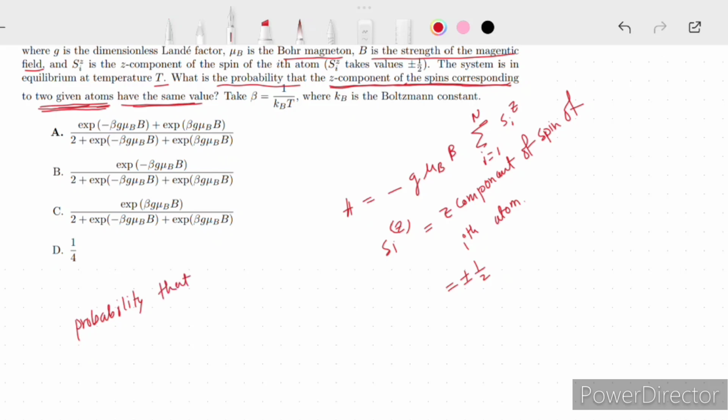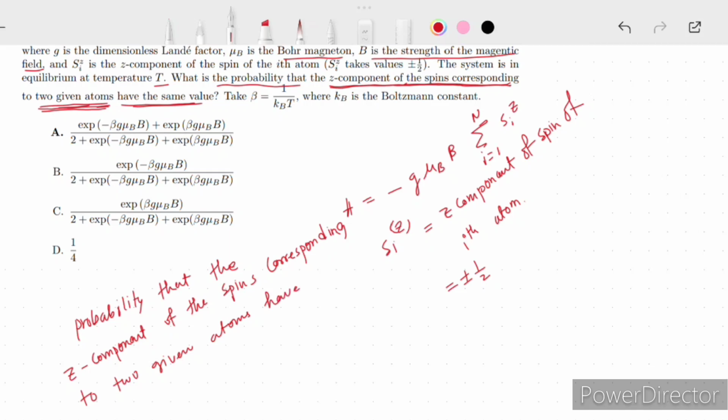What is the probability that the z component of the spins corresponding to the given atoms have the same value?